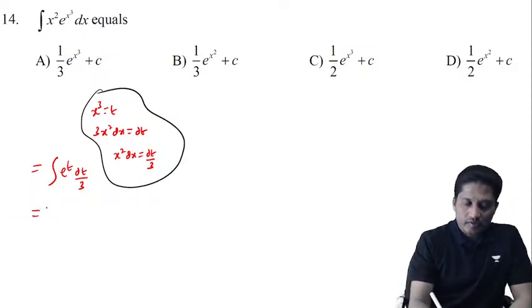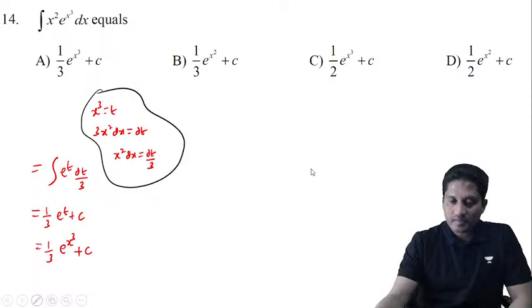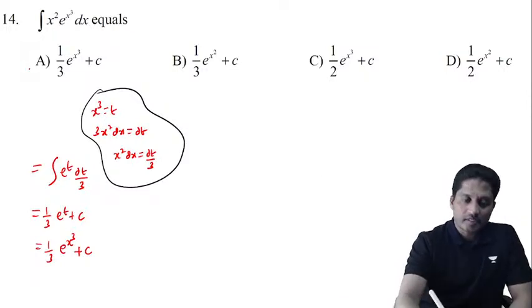So this is 1 upon 3. Integration of e power t is e power t plus c. 1 upon 3 e to the power of t, where t is x cube, plus c. E power x cube by 3 plus c. Answer is option A.